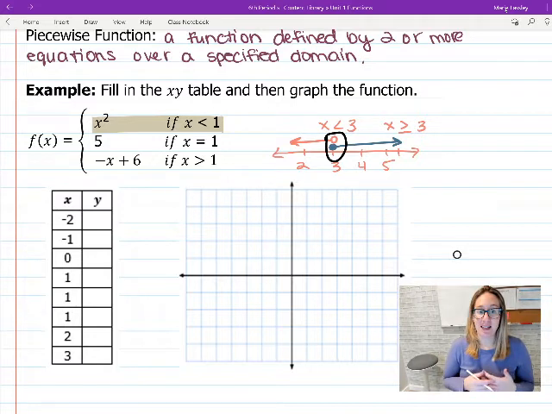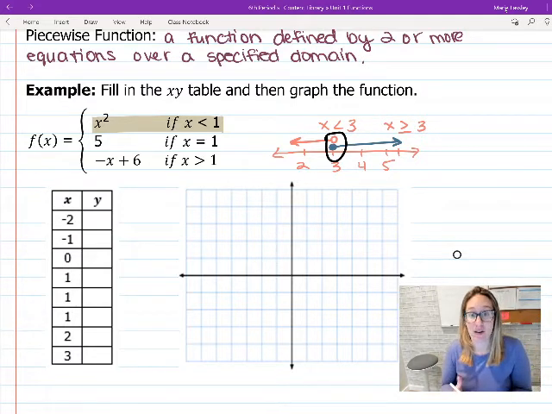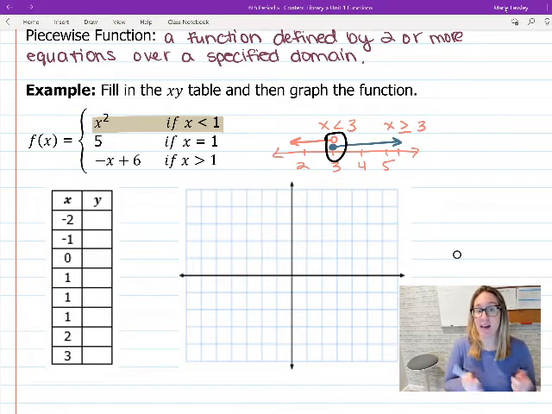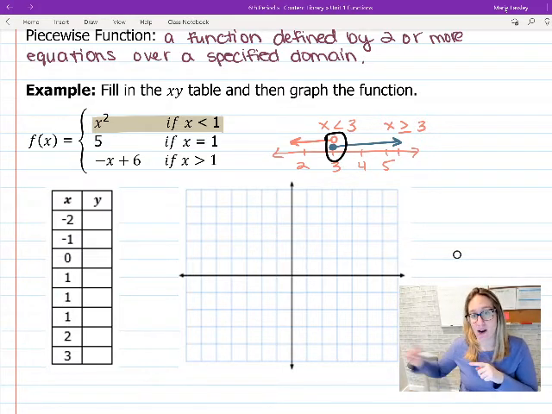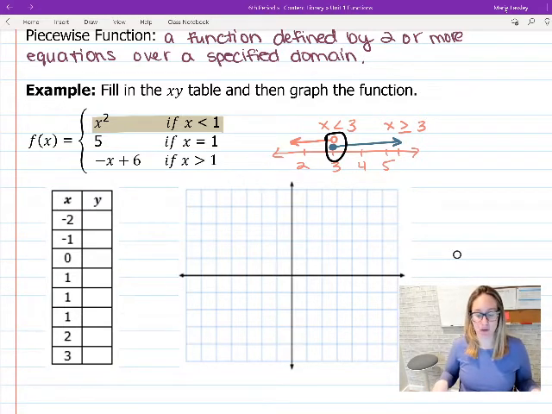If it's less than or equal to or greater than or equal to 3, you use a closed dot because we are including that point. And then it goes one direction for greater than, or the other direction for less than. Well, that's really the same technique that we're going to use for these problems with our piecewise functions. So for x squared, we're using that equation every time x is less than 1.